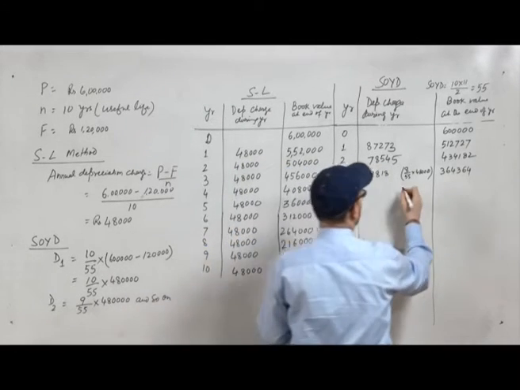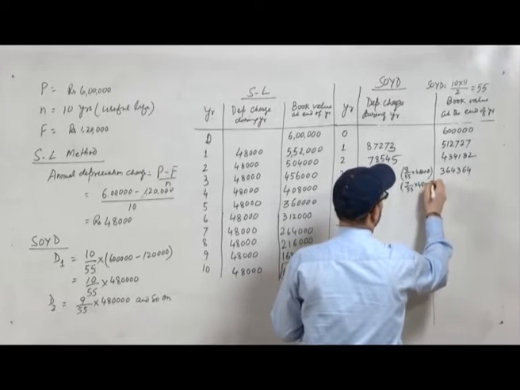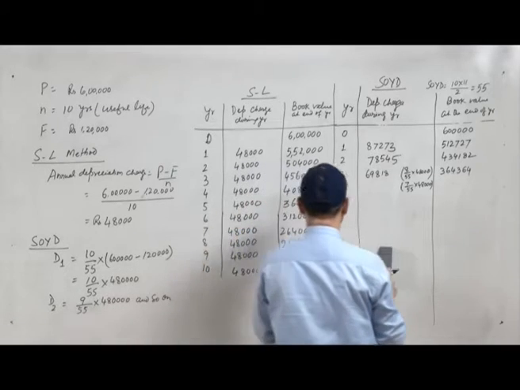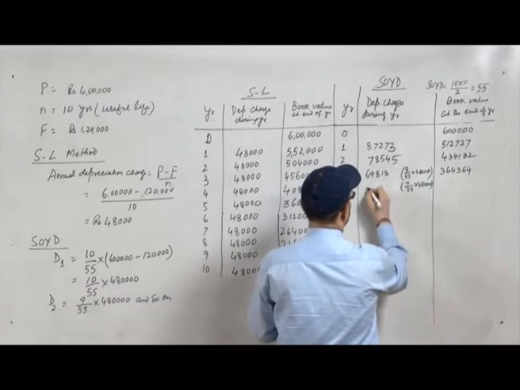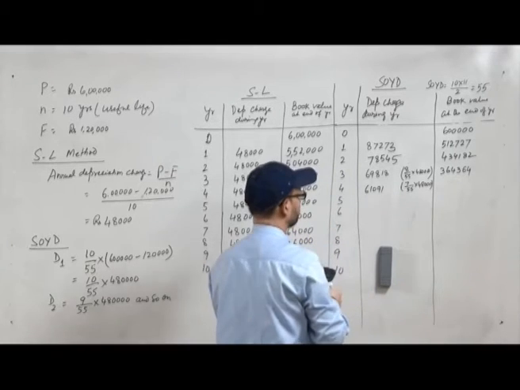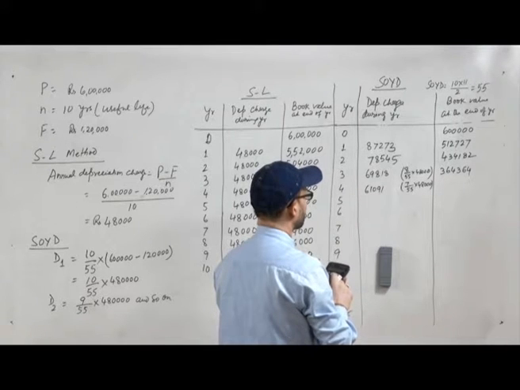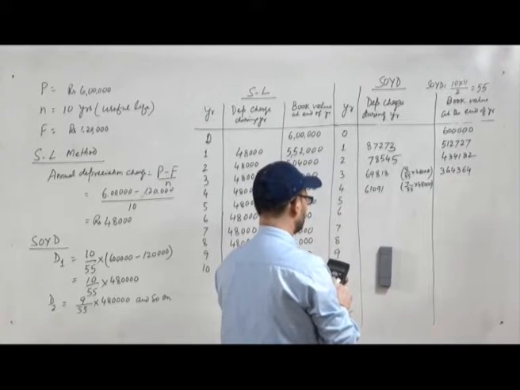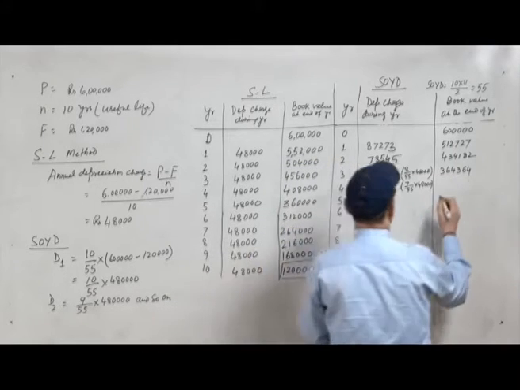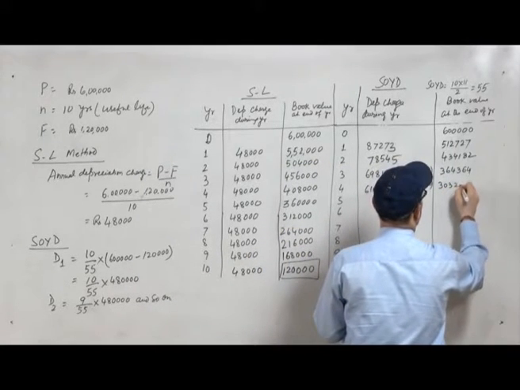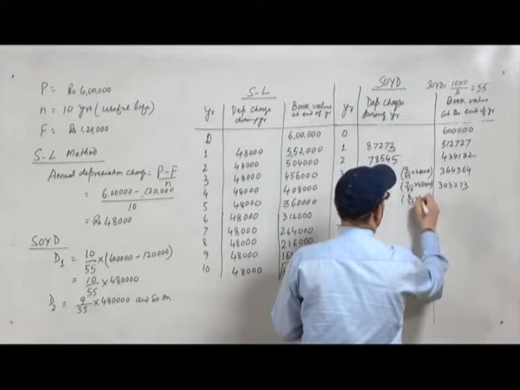Then in the fourth year you have 7 by 55 into 4,80,000, which is 61,091. So, 364,364 minus 61,091 equals 303,273. The next will be 6 by 55 into 4,80,000.